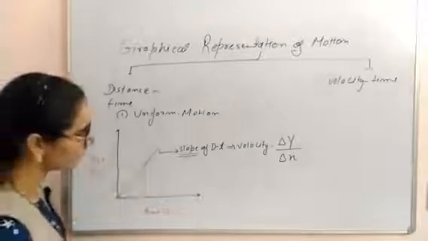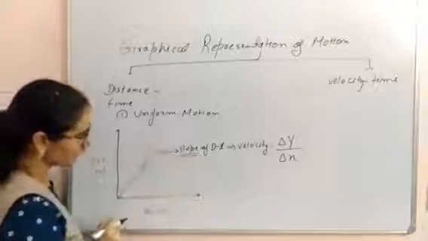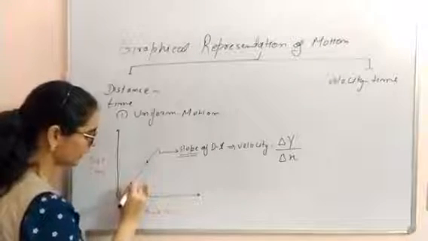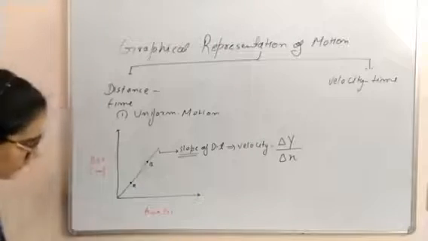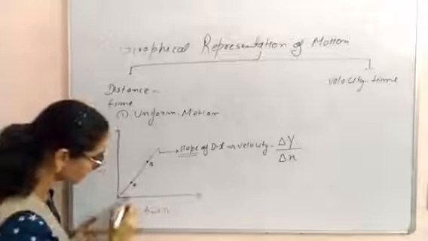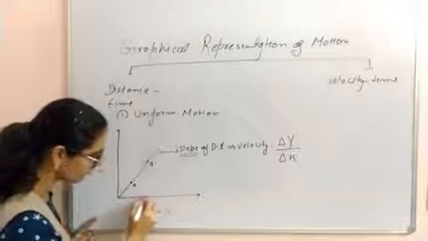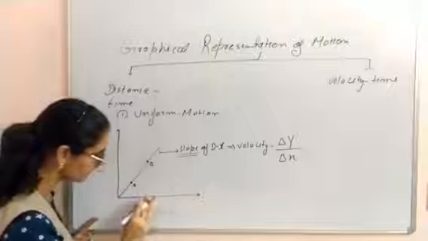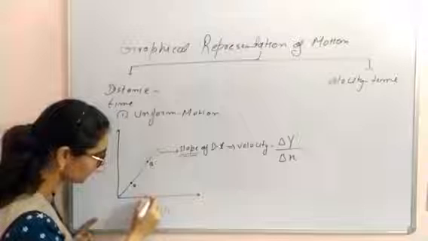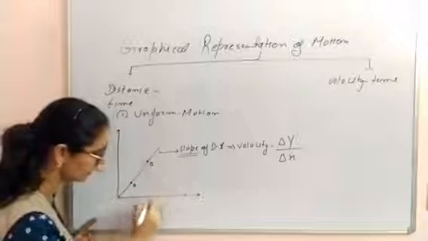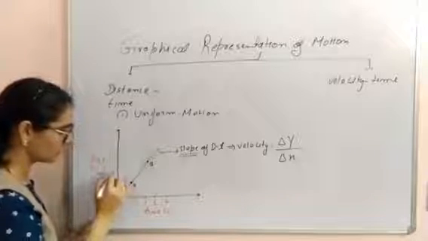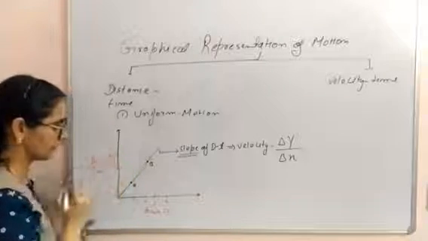Suppose I am taking a portion of this slope, A and B. While I am talking about the A and B portion, according to the time axis, I have divided it into some intervals, and here also we have some intervals.